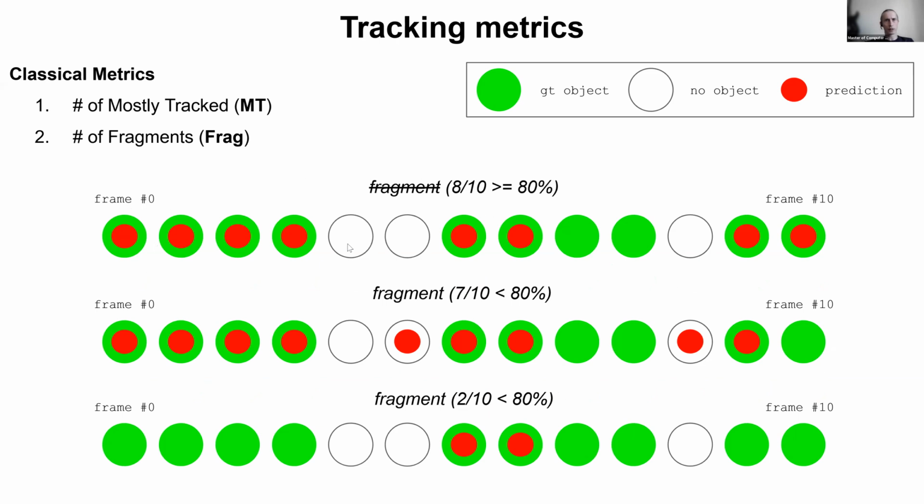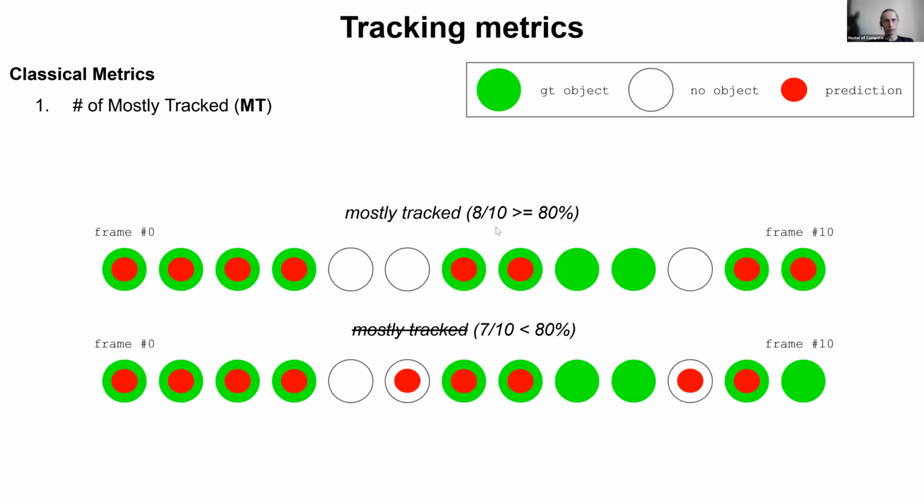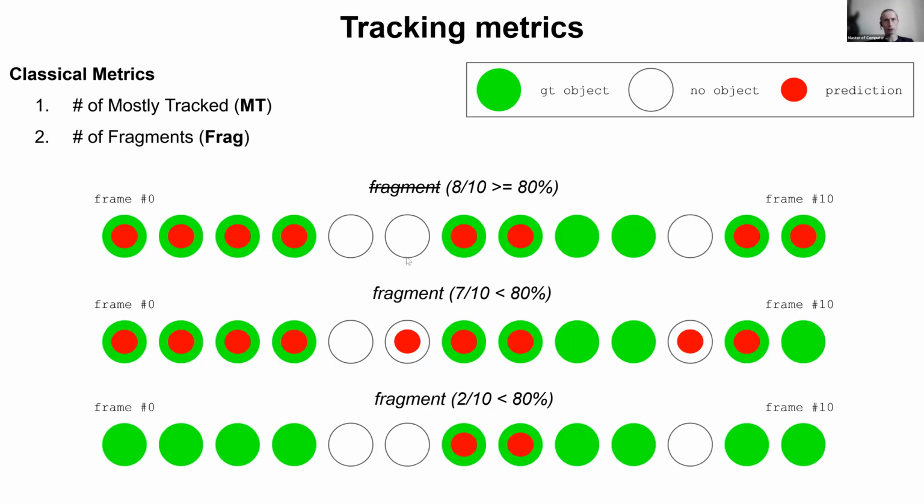Number of fragments is the number of predicted trajectories that covered no more than X% of the corresponding trajectory frames. Usually thresholds for mostly tracked and fragments are the same number. So in mostly tracked we look for at least X%. In fragments, we are looking for no more than X%.